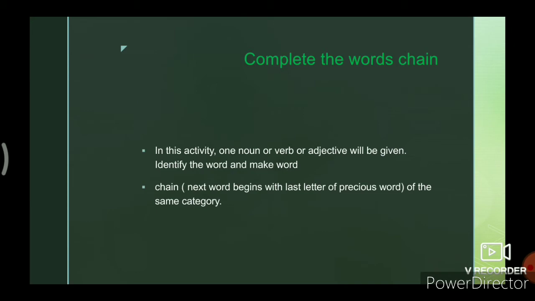Then now next question number 1a. 6. Complete the words chain. Students, in this activity, one noun or verb or adjective will be given and identify the word and make words chain. Next words begin with the last letter of previous words of the same category.